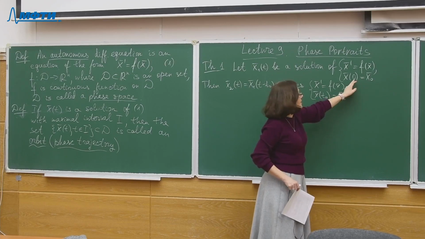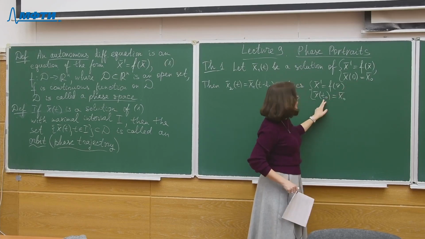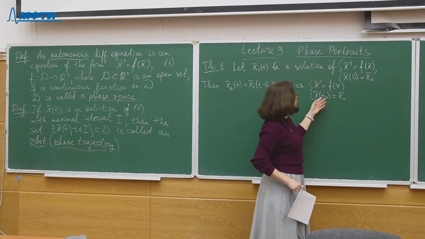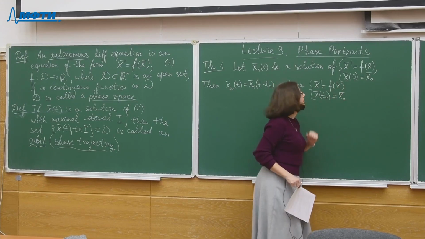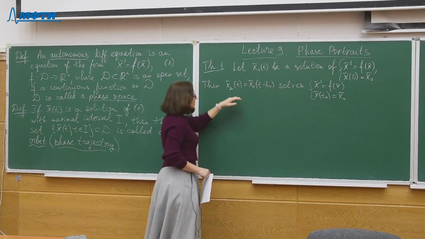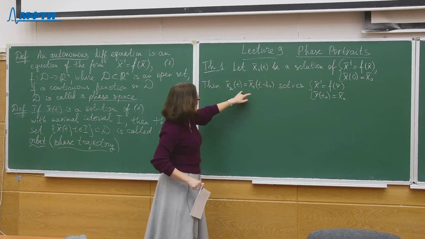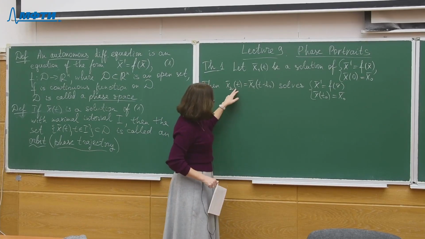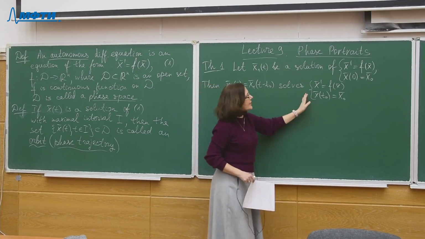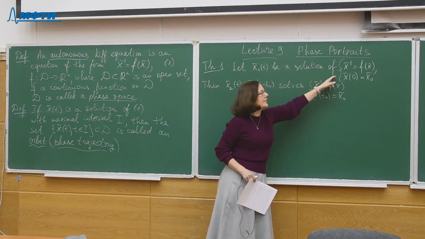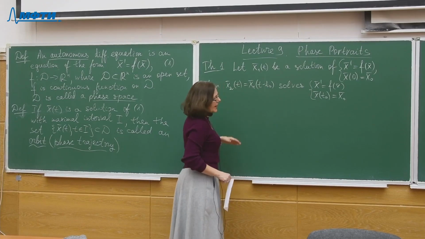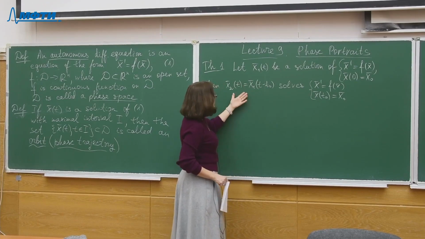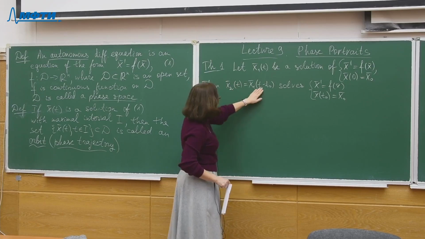So we start with t equals 0 here and with t0 here. So this is the translation of the t-axis. This theorem shows that if we want to solve this equation rather than the first one, we must make the translation in the t-axis in the solution.